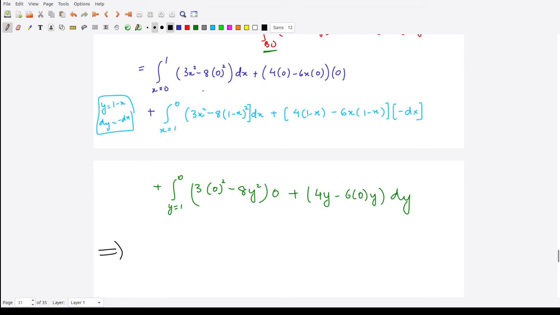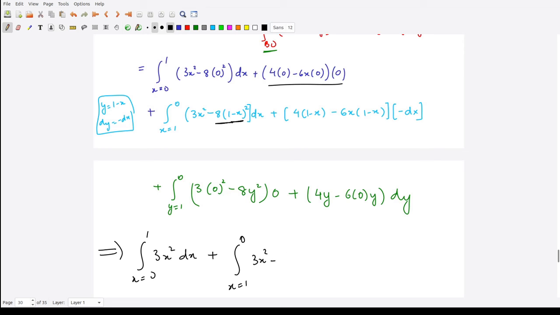For the first quantity, when you simplify, this is 0 obviously. For the second quantity, you have the integration of x varying from 0 to 1, 3x square dx. Here x varies from 1 to 0. So we have 3x square.